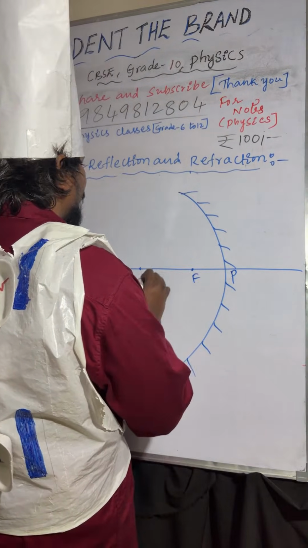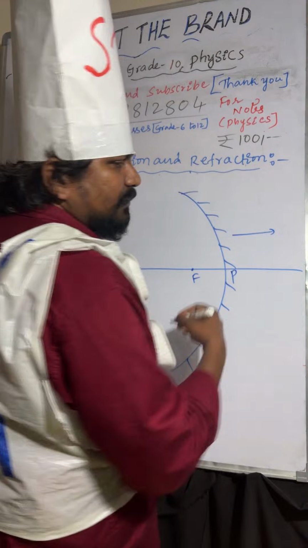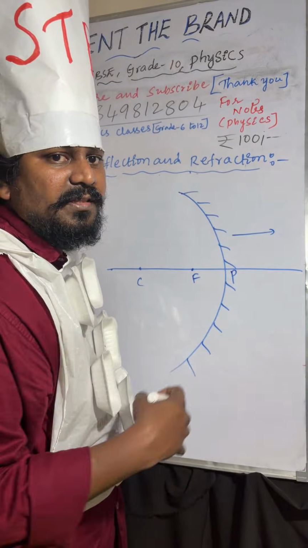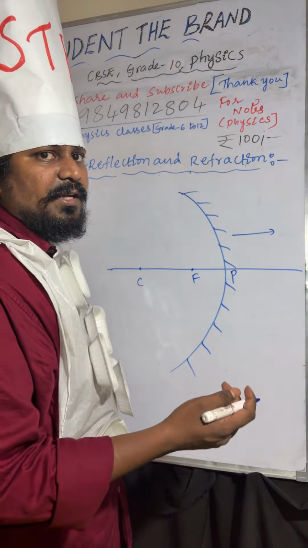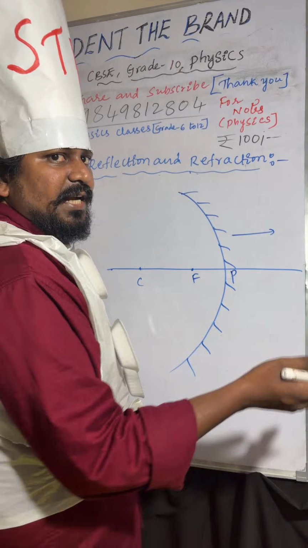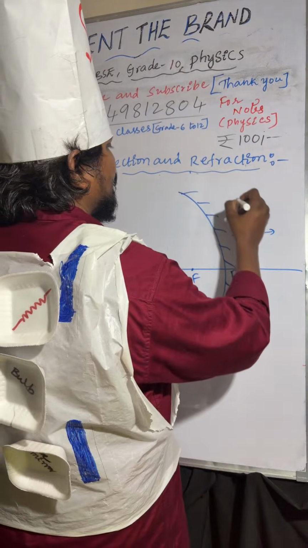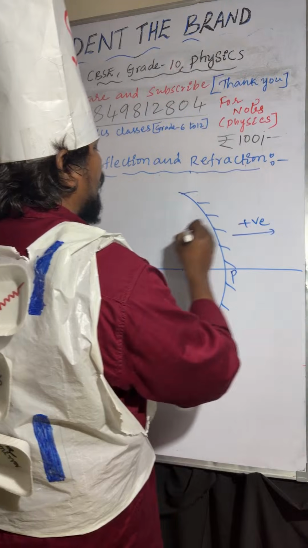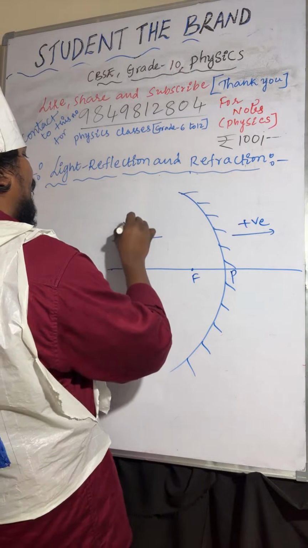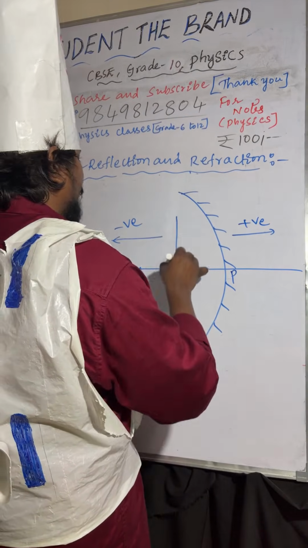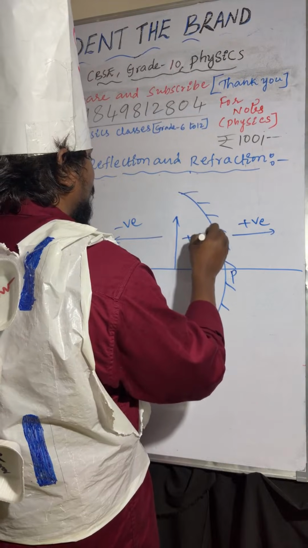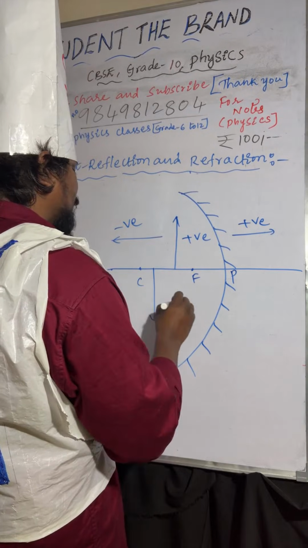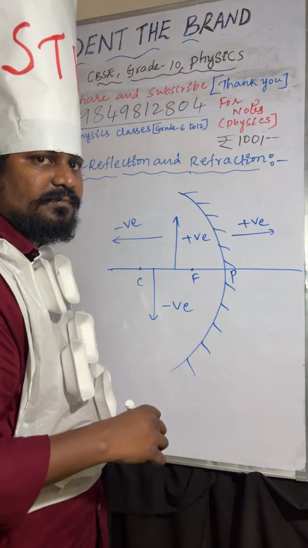In the direction of incident rays, all are positive: object distance, image distance, all are positive. Opposite to incident rays, all are negative. Above the principal axis, all are positive, and below the principal axis, all are negative.